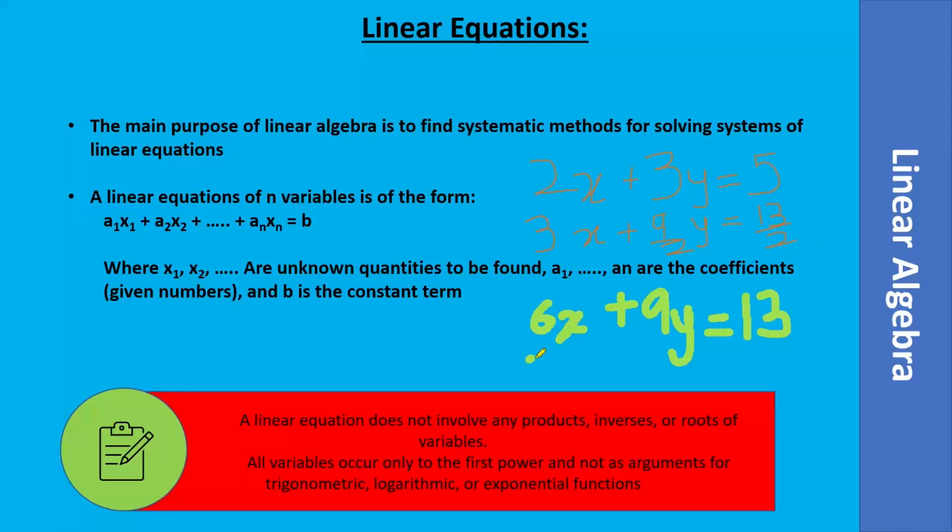And the second equation will be 2x plus 3y equals to 5. So this can be easily solved, right? So give me the value of x and y. So actually it is a parallel line, so you cannot have any solution.